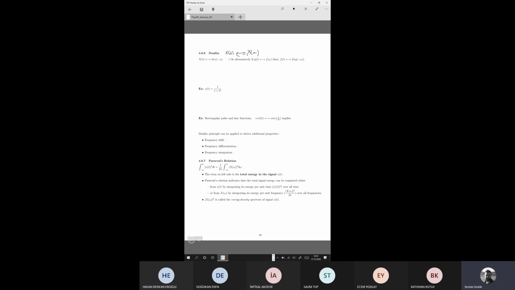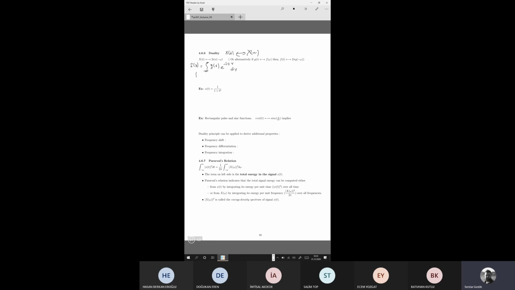So let's start by writing this, let's say, f of u. Let's define it as the integral of g of v e to the power minus j u v dv.